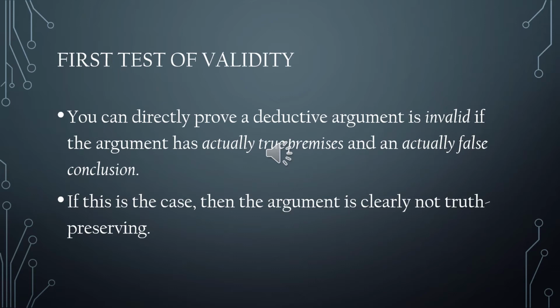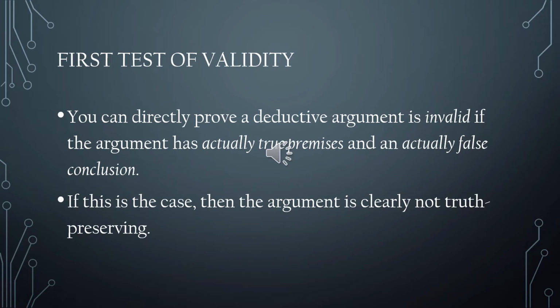And here's the criterion. The argument will automatically be invalid if the argument has actually true premises and an actually false conclusion. In other words, if all of the statements in the premises are actually true claims and the conclusion is actually false, then of course that argument has failed to preserve the truth.